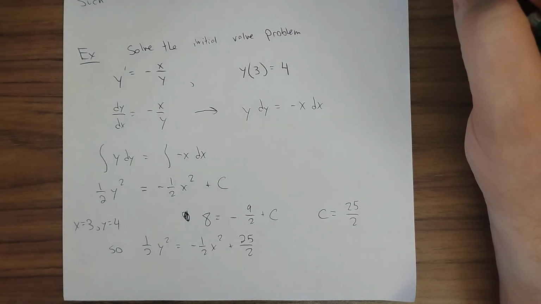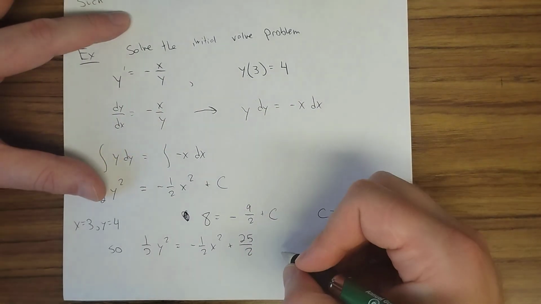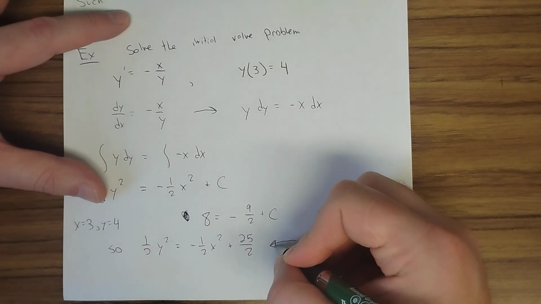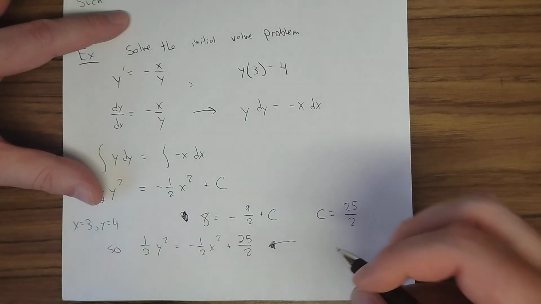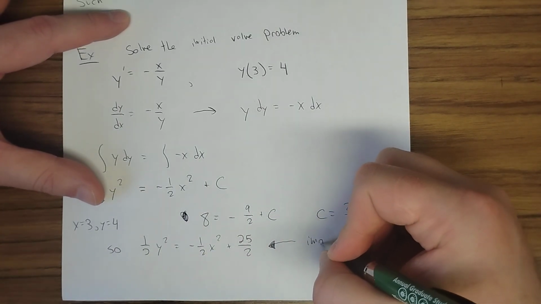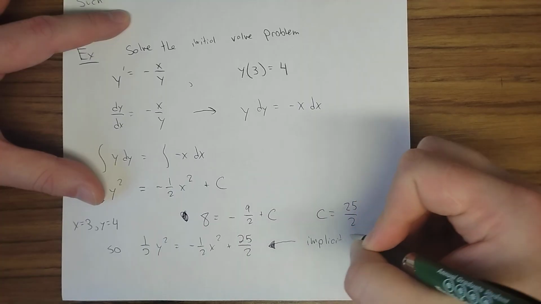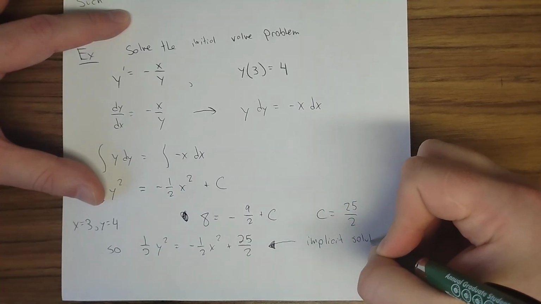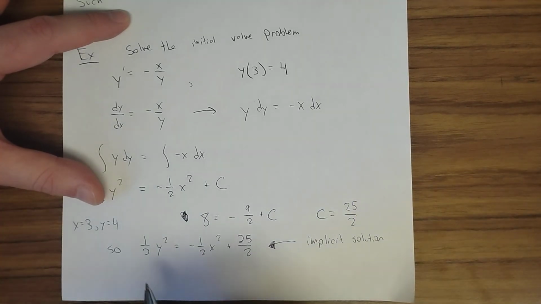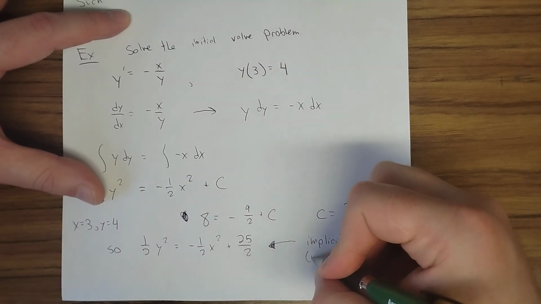We could leave our answer like this. This is what I would call an implicit solution. Implicit because it's not solved for y.